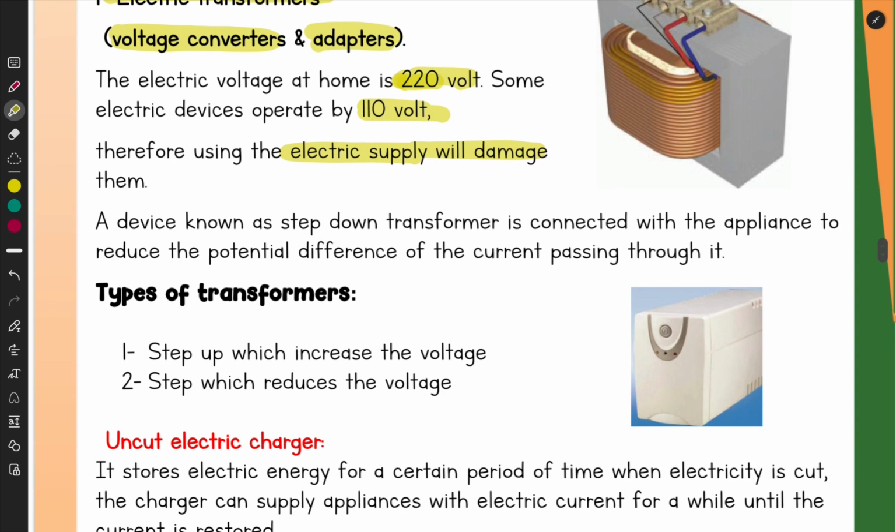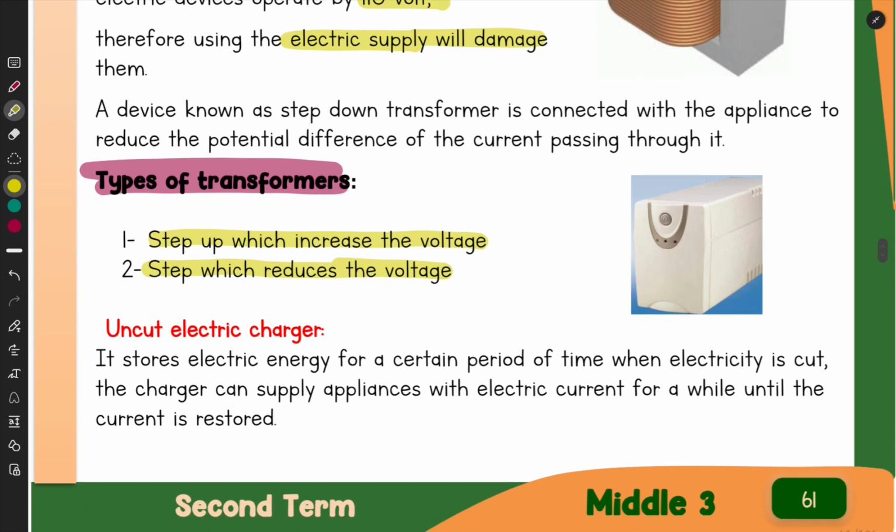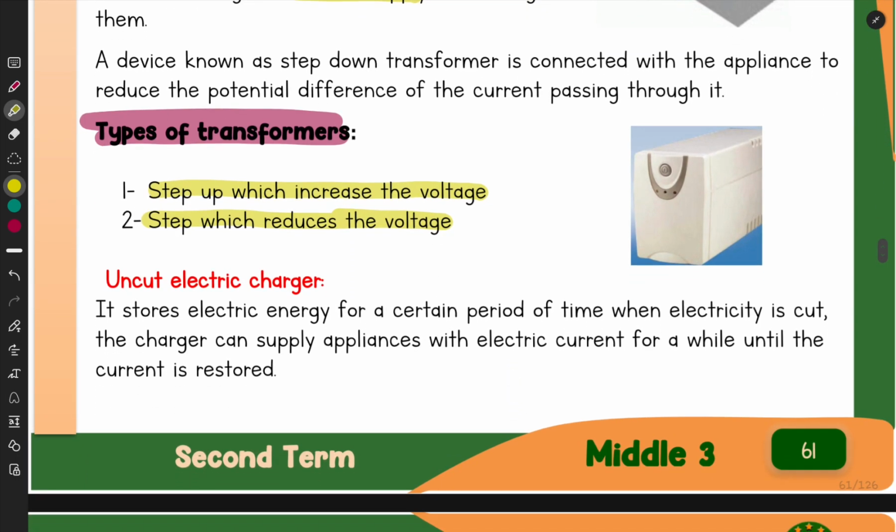Okay, types of transformers. We have two main types of transformers. The first one is called a step up, which increases the voltage, and the second one reduces the voltage. Of course, sometimes we want to increase the voltage.